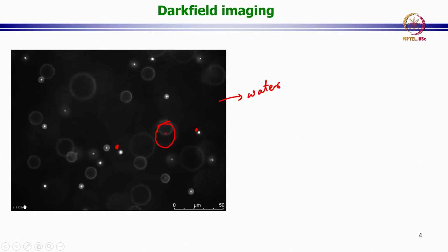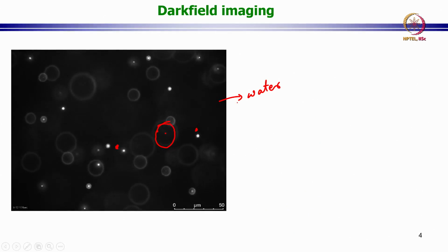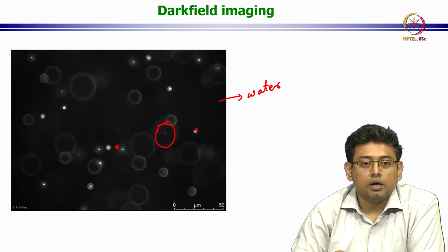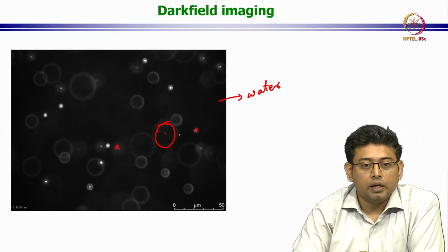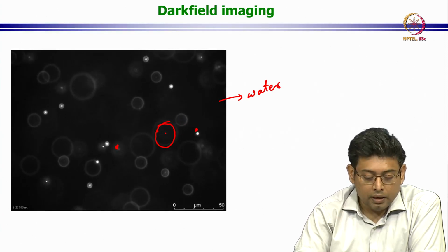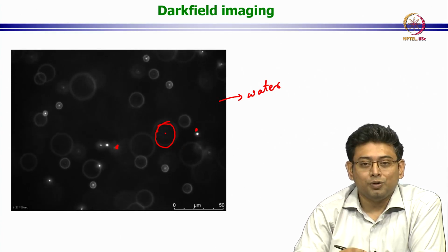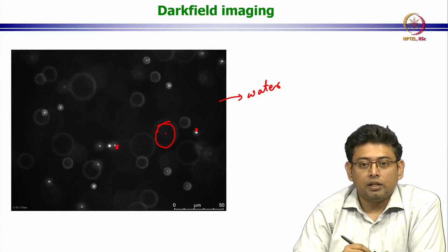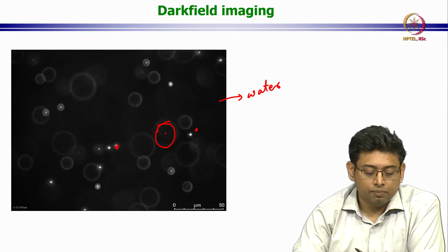As you can see in this image, the water is dark and has no signal associated with it, and it's the particles which show up right here. These are the particles which we hopefully will choose very judiciously, so that they follow a particular flow in a given condition, and help us visualize the flow itself.